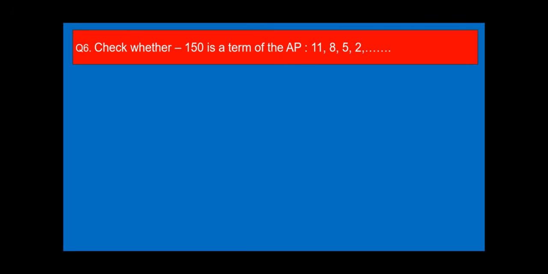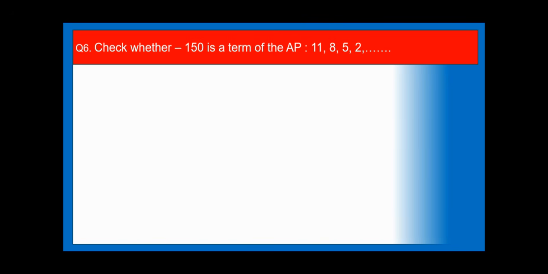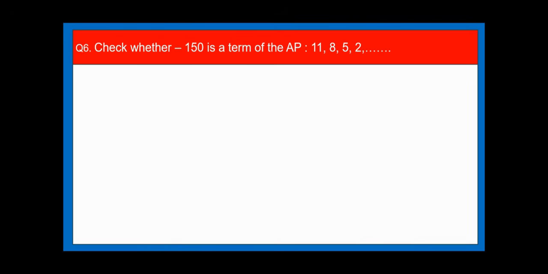Good. Now in order to verify whether minus 150 is a term of it or not, first of all let us consider the given arithmetic progression. The given AP is 11, 8, 5, 2, and let us assume that minus 150 is also there. Then for this arithmetic progression, what is the first term?